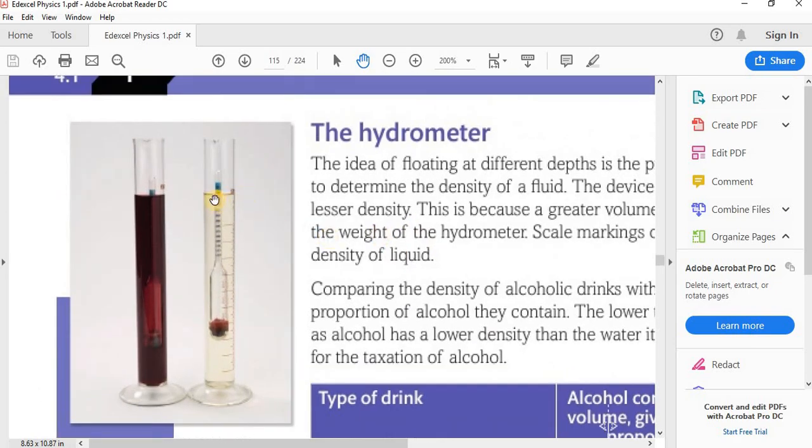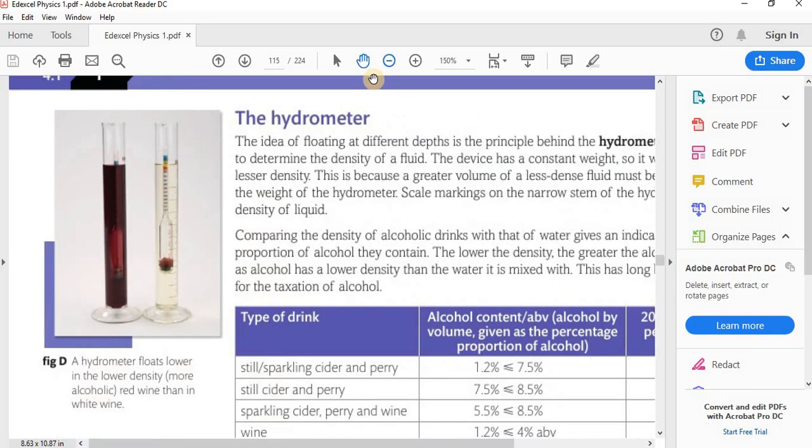So the reading that you see on the hydrometer at the meniscus of the liquid is the density of the liquid. So if you put this in a denser liquid, it will float higher, which means the hydrometer reading will give a higher value.